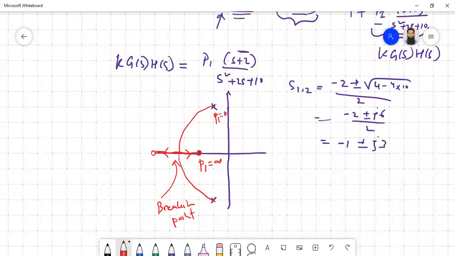So the root locus started from this location, and one of them ends here, the other one ends here. So this is the generalized root locus, and for it you have to find out the transfer function and find out the format, whatever the parameter you have, 1 plus that parameter into some function, so that will give you a K G of s H of s, and based on that one, you have to plot the root locus.